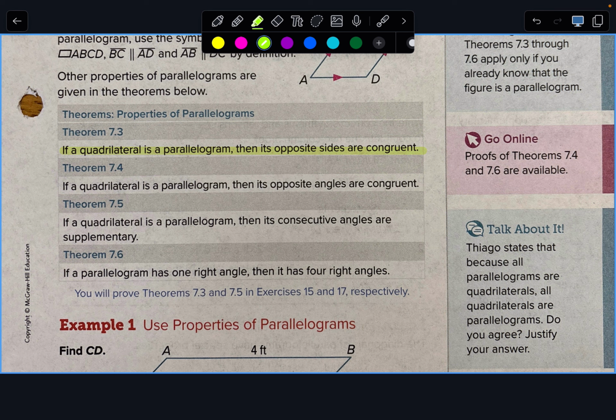If it's a parallelogram, then our opposite angles are congruent. If we have a parallelogram, then consecutive angles are supplementary. Those are three of the four that we talked about. We're going to focus on those first.